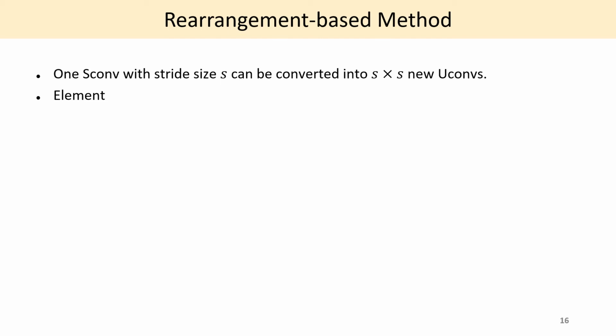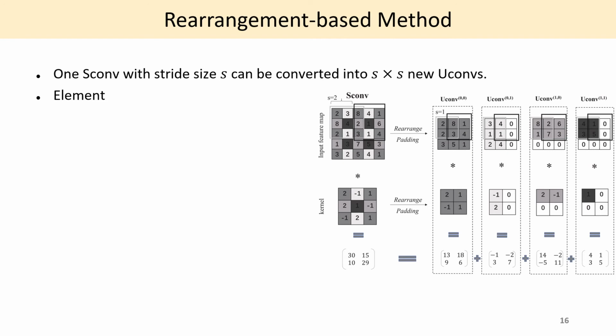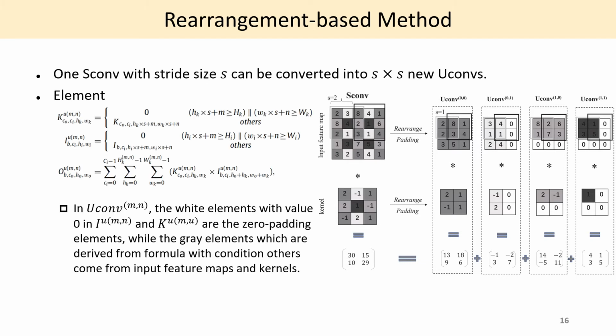stride convolutions. This figure is an illustration of rearranging a strided convolution into multiple unit stride convolutions, where the stride size is 2. The elements of kernels, input feature maps, and output feature maps in new unit stride convolution can be acquired as this formula.